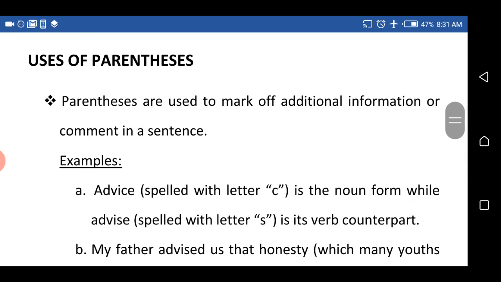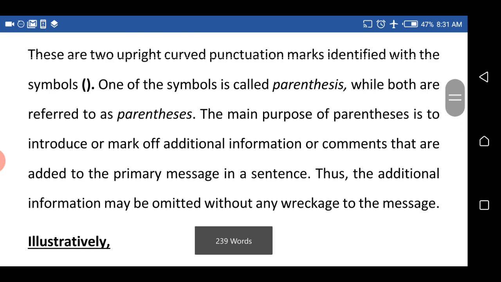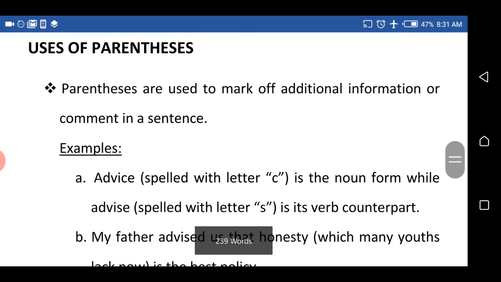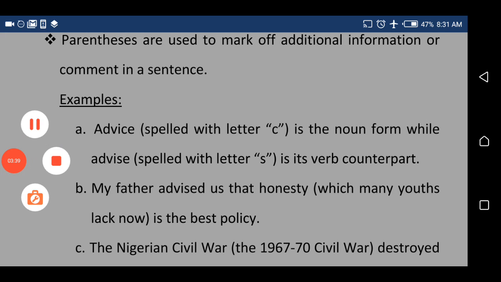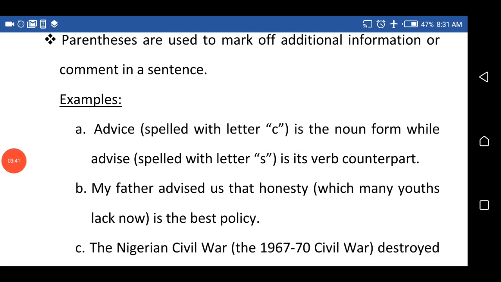Example B. My father advised us that honesty, open your brackets, which many youths lack now, close your brackets, is the best policy.